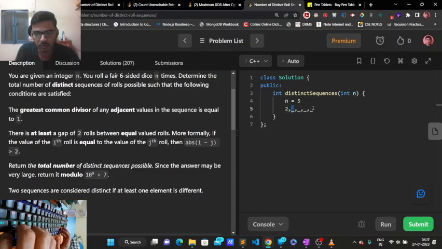Then the next value should be a value which produces a GCD of 1 with the adjacent value, so that the upcoming sequence becomes valid. Another condition is that if we use 2 over here, then we have to skip the upcoming 2 dice. 2 cannot come in the upcoming 2 places. It has to come at least after 2 places. That means it cannot come at this place or at this place.